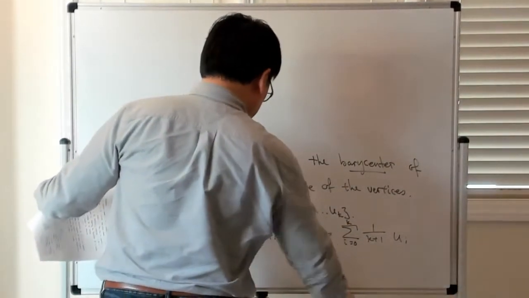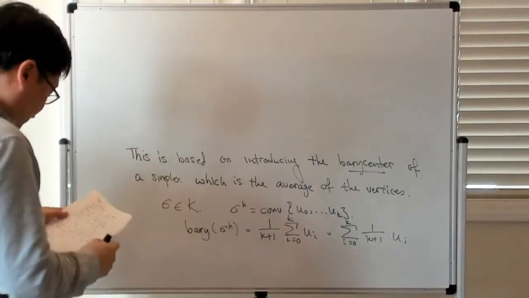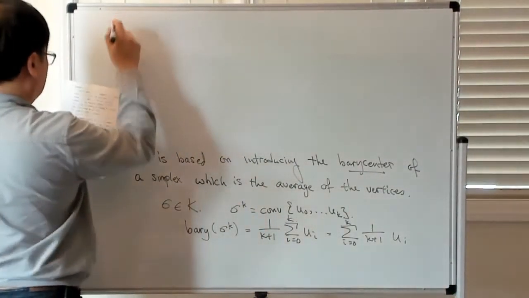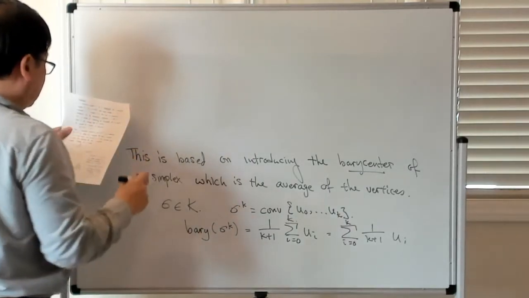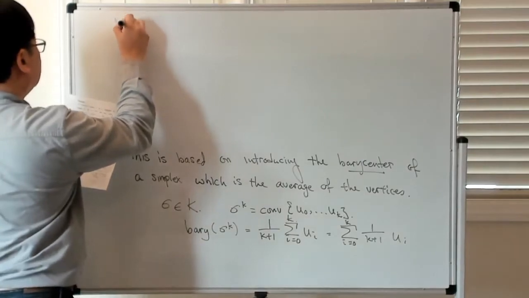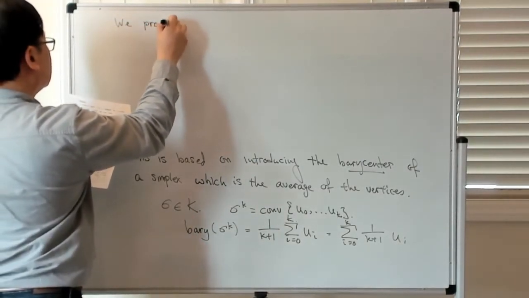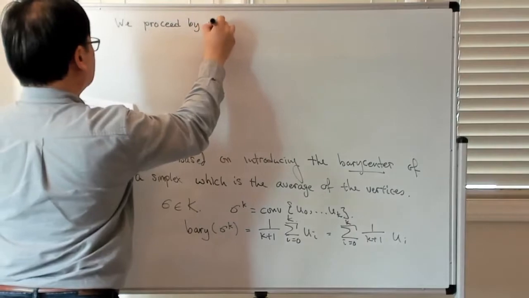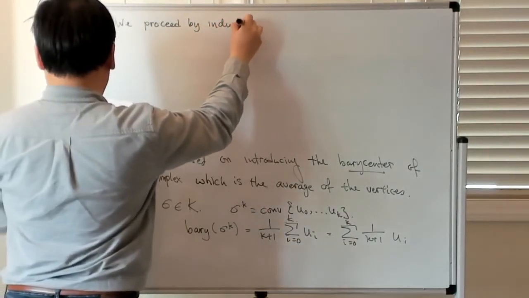I'll just leave the definition of the barycenter here for now, and then I'll erase it in a little bit. This is going to be done inductively, at least as one approach. So we proceed by induction on dimension.